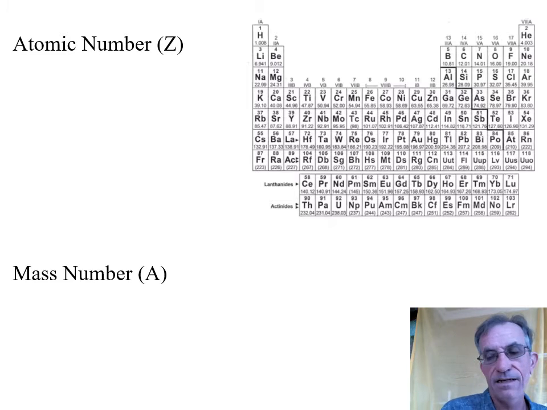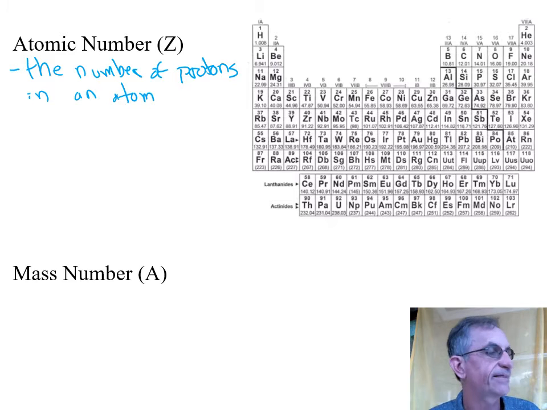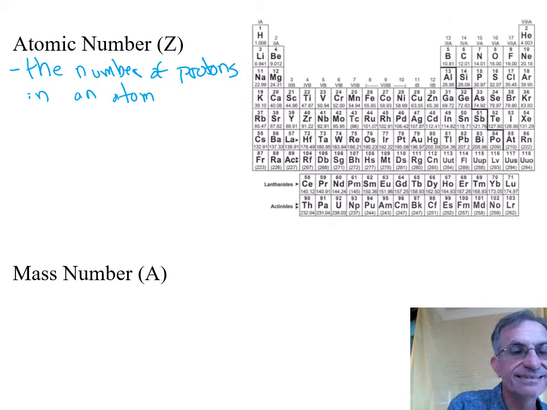And atomic number is the number of protons in an atom. Now, let me tell you a couple other things about that: it's on the periodic table. You'll see it. I'm going to show you where in just a minute.